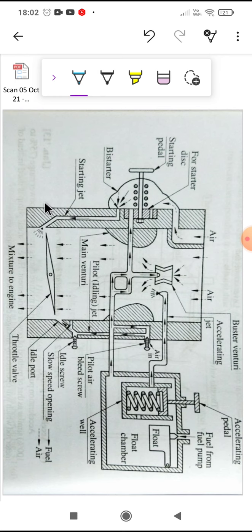Now idling and low load. During idling and low load, a rich mixture is required. Sorry, this requirement is fulfilled by the pilot jet here.